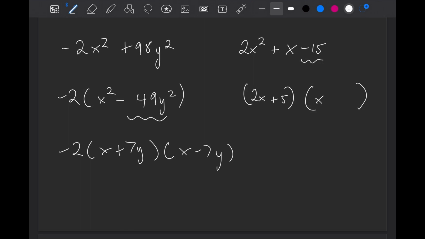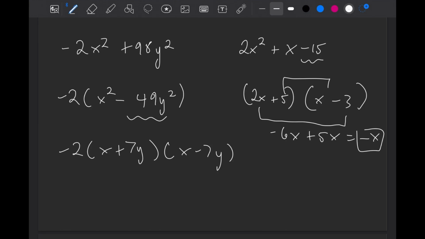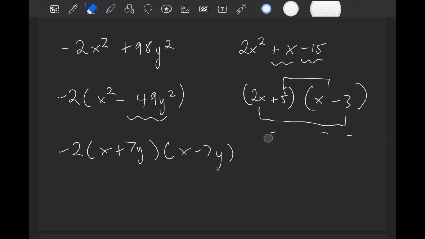If we do plus 5 and minus 3, we can check. Take the outermost, 2x times minus 3, and we'll get minus 6x, and take the 5 times x and you would get 5x. So this would be minus x, which is not plus x. Let's try again and flip the signs.